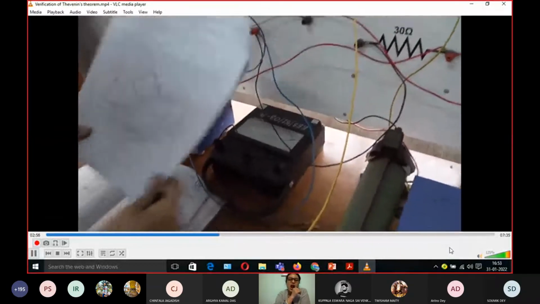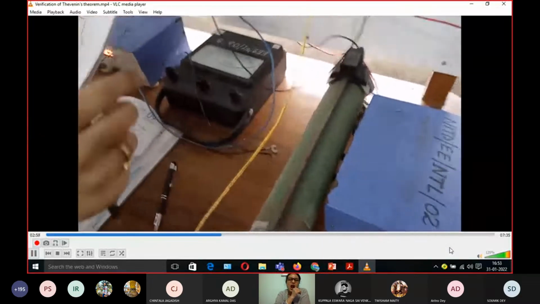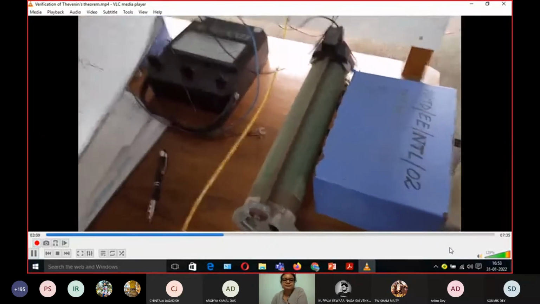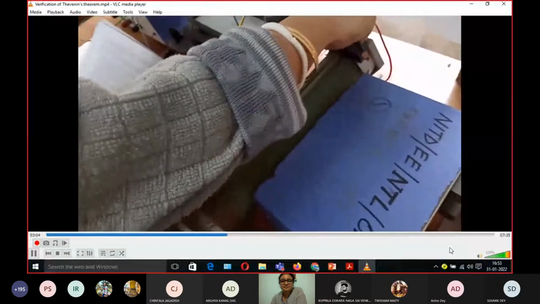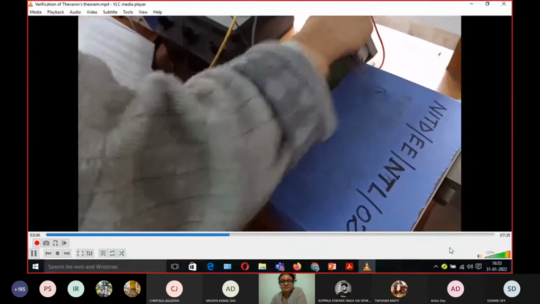The run is, first we will set the rheostat at a particular value. Say we are keeping this at 50% value.